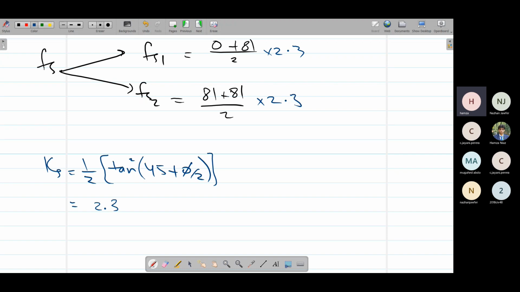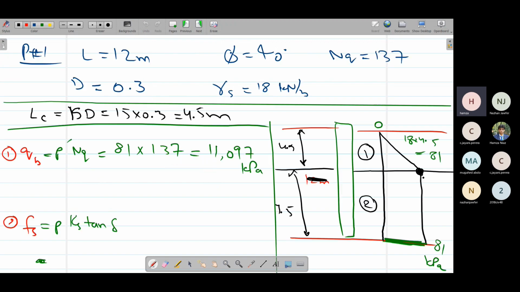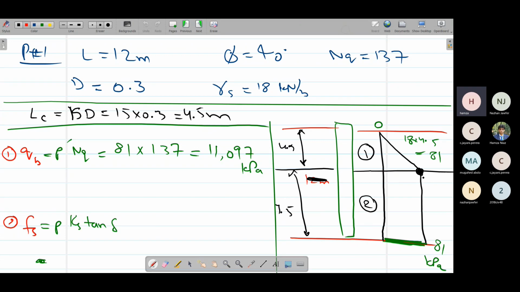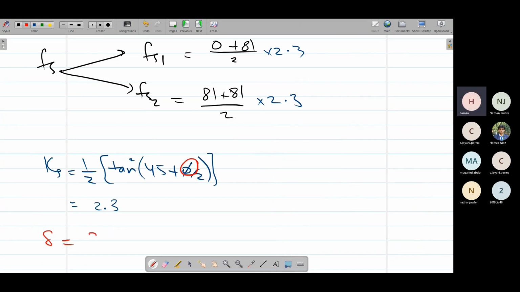As long as the phi value does not change, the Ks value would be the same. In both cases the soil is the same, so our Ks value would be the same. The third thing is delta, which again depends upon the phi value. Delta is equal to 3 by 4 phi, so 3 by 4 into 40, that would be 30 degrees.